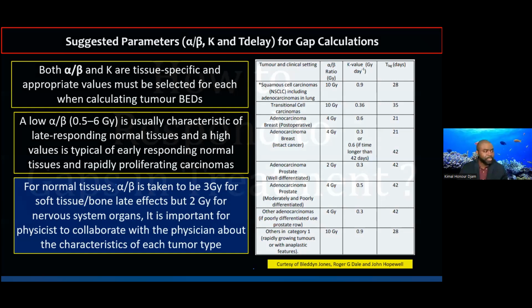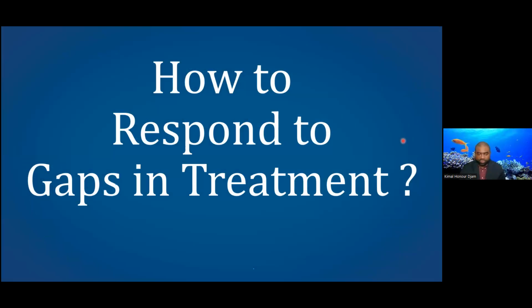And so then this brings us to the question, how do we respond to gaps in treatment? Now, the two most important factors in the radiobiology of gap compensation, like I've discussed really well, are repair and repopulation.